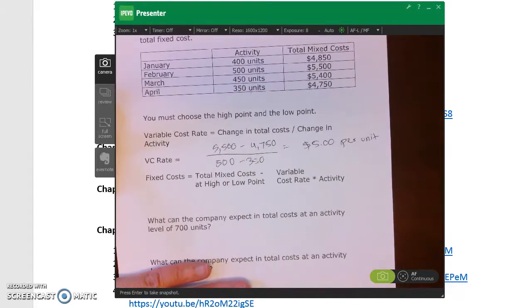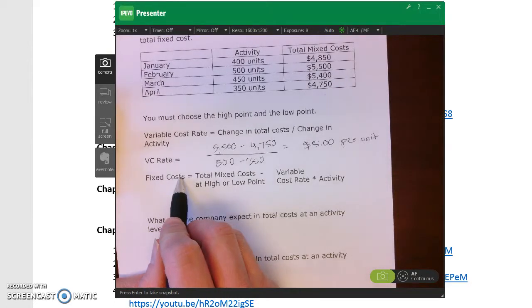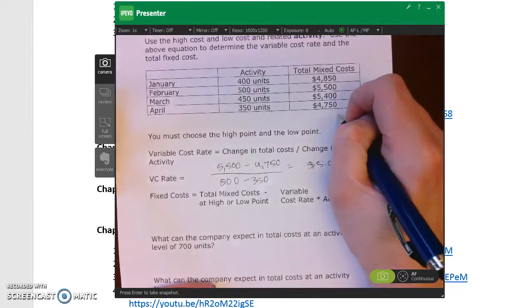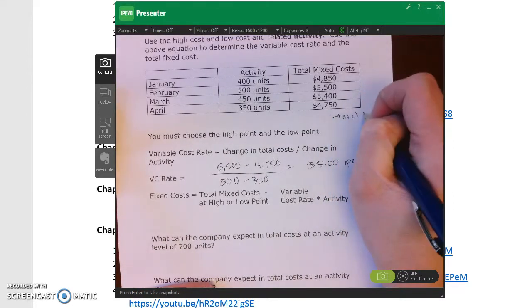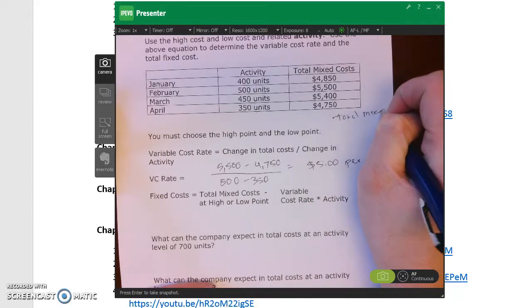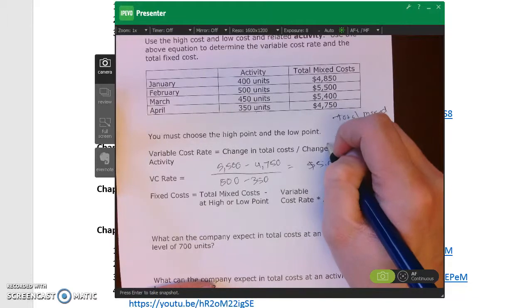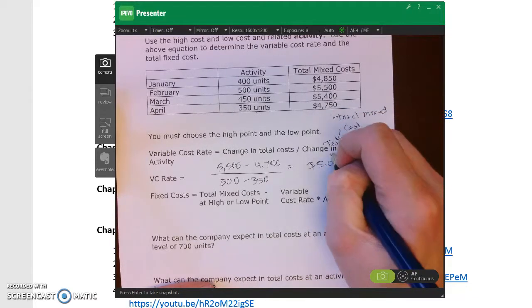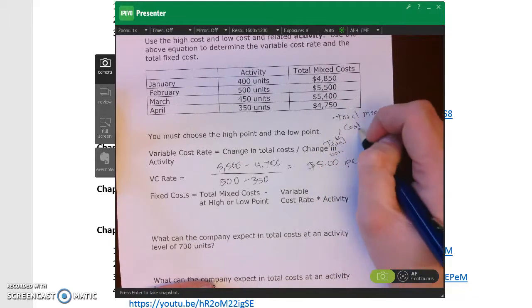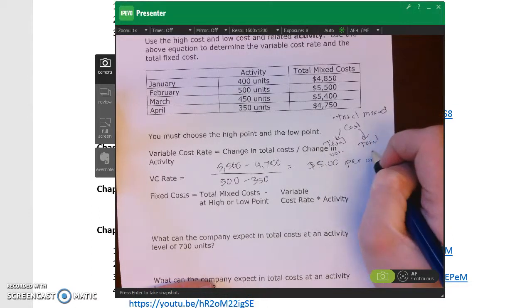Then what I can do is I can back into figuring out what my fixed costs are, because remember, this is our total mixed cost, right? And this is right over here, our total mixed cost. That is going to be divided into total variable, right? And then total fixed.